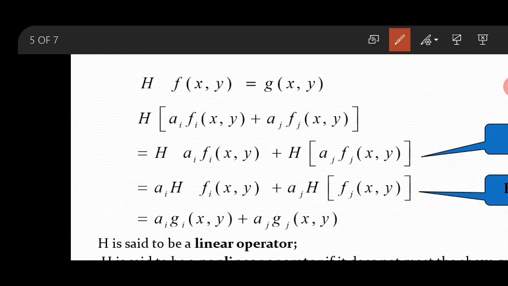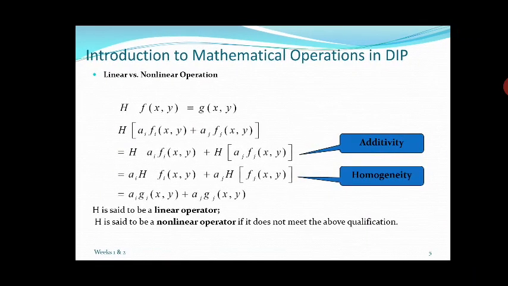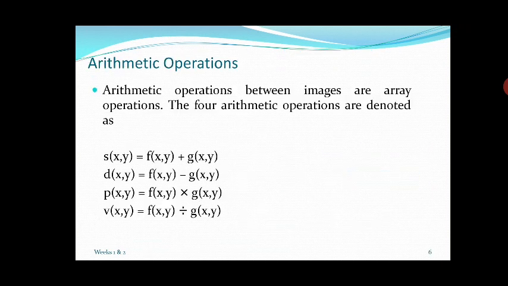If both turn out the same, if it is equal, then you call it a linear operation in digital image processing. If not, it is non-linear. Simple as that. If the left hand side is not equal to the right hand side, then it is a non-linear operation. I hope the point is clear for you.